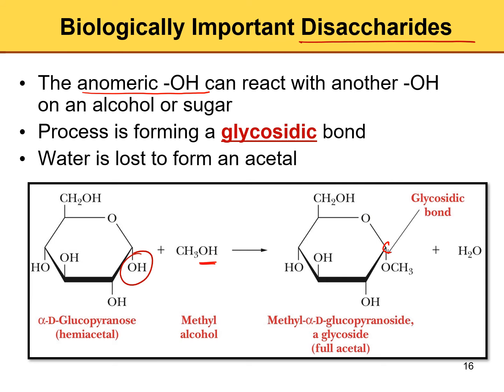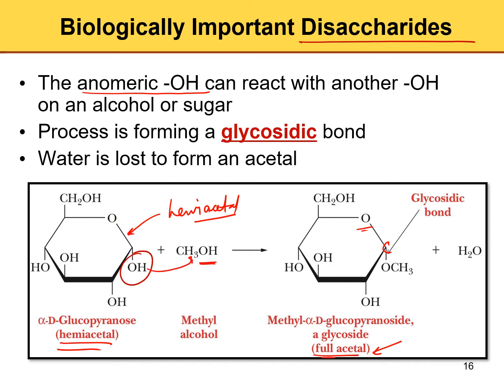Actually it's called a full acetal. It's not ether because on the other side you have O here as well. So these are called hemiacetal. Hemiacetal, oh, it's mentioned here. And this one is called full acetal.